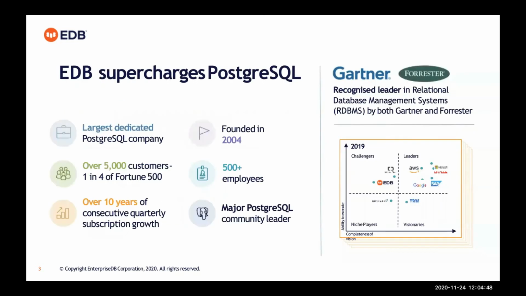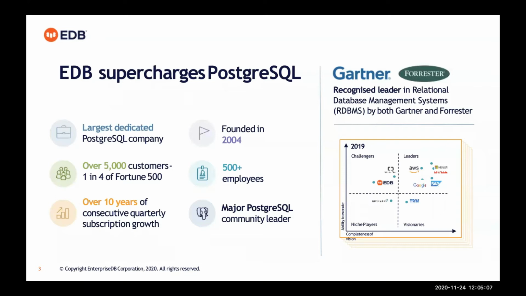Okay, then let's start from a few words about Enterprise DB. Enterprise DB is a database platform company for digital business. We provide software and services based on the open source database named PostgreSQL.